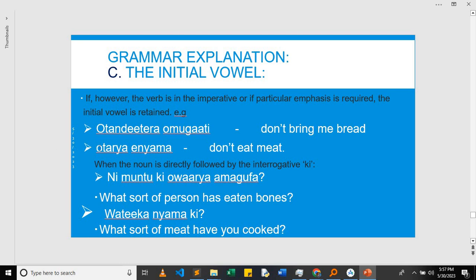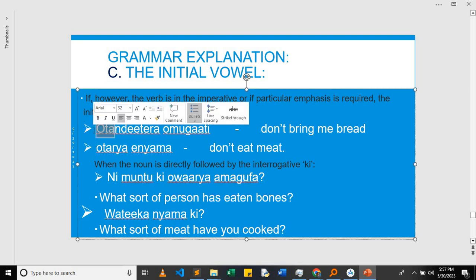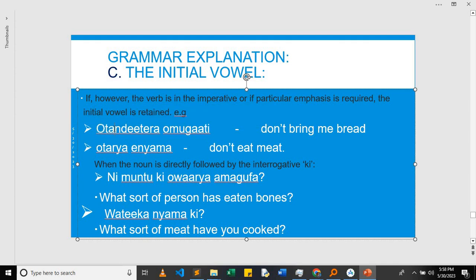What about you bring for me of that? Then that word becomes ndetera, because the word is ndetera. When you add ta, it becomes negative. Like otantera, don't beat me. I don't want to tell a person to beat you. You say ntera.